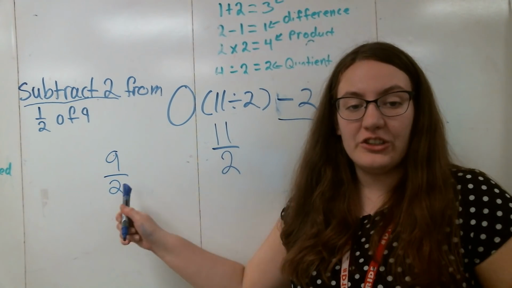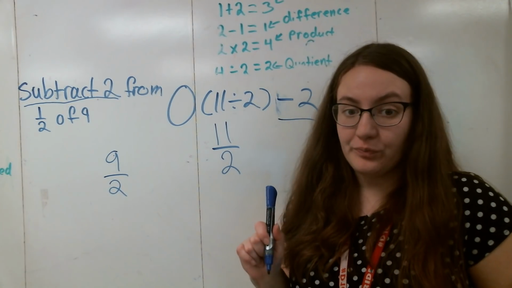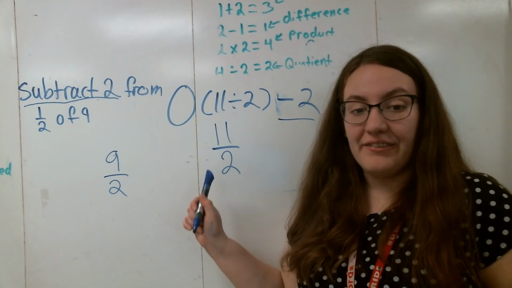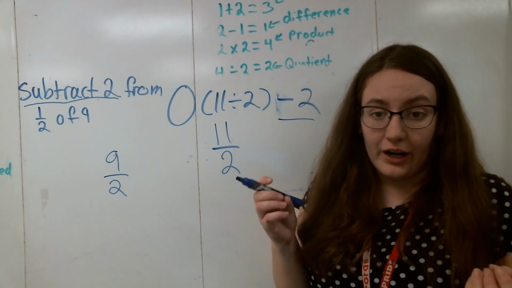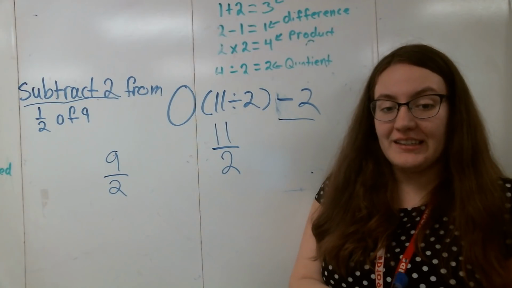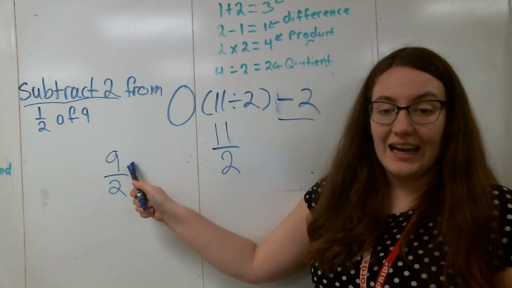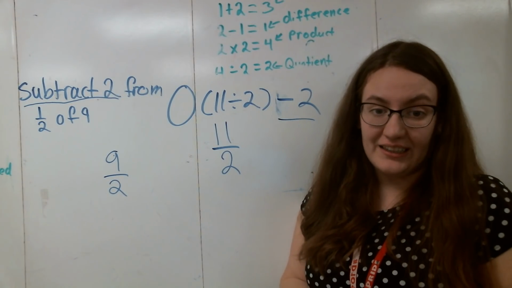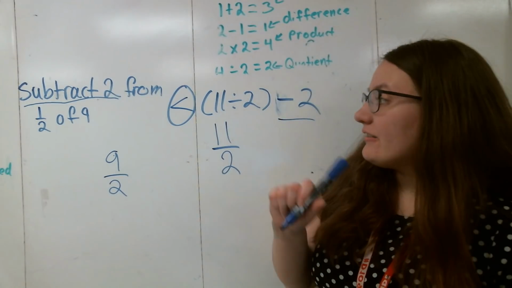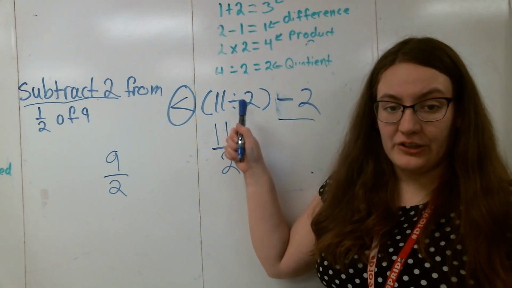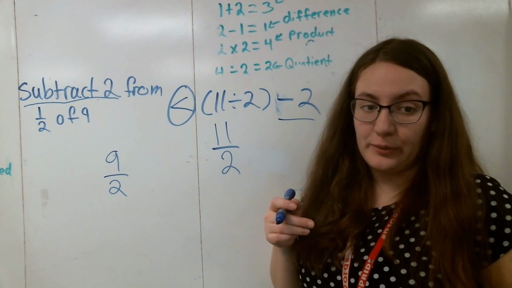Now, which one do you think would give the bigger answer? Well, 11 divided by 2 would give you the bigger answer because if you start with more and you're dividing it by the same amount, it's going to be bigger than the one that starts with less and is divided in half. So here, we would have 11 divided by 2, subtract 2 as the larger expression.